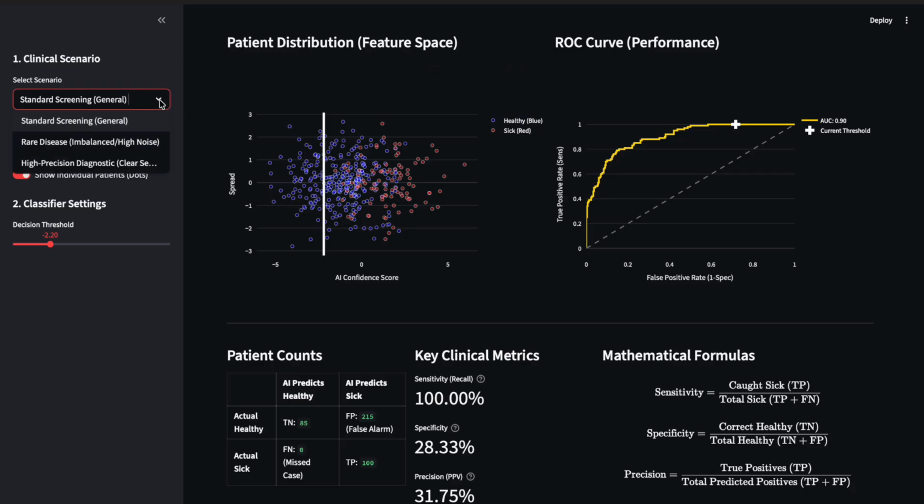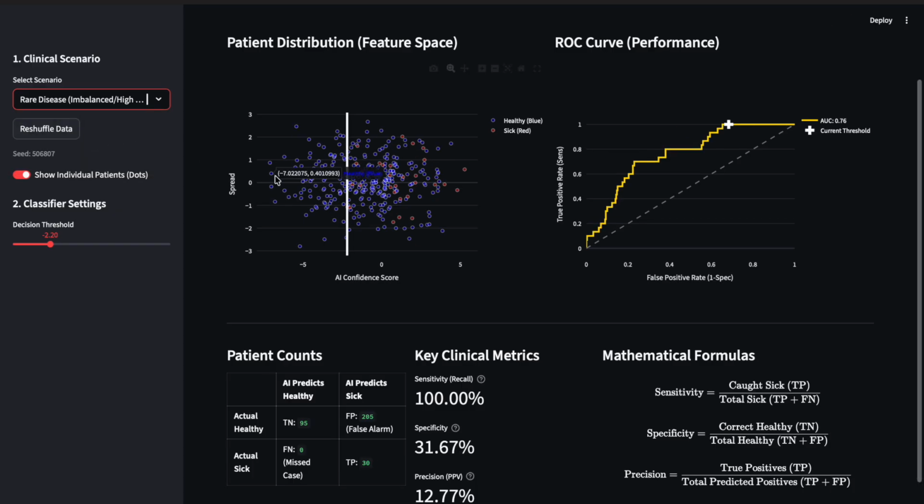One more thing that's interesting to review is rare disease. Rare disease is an imbalanced data set, so we have many fewer sick patients, and they are very noisy, so sick patients look like healthy.